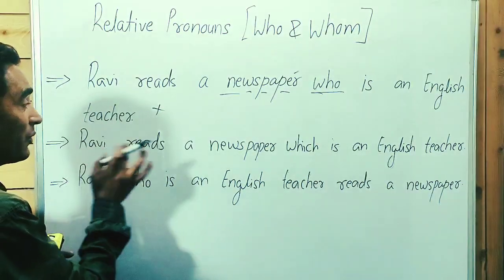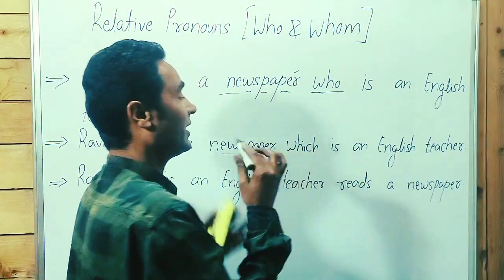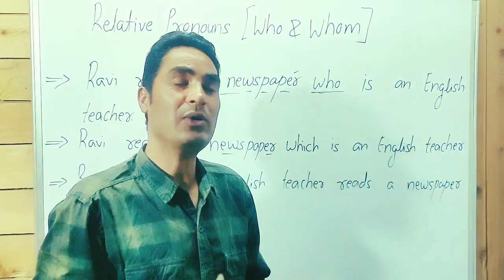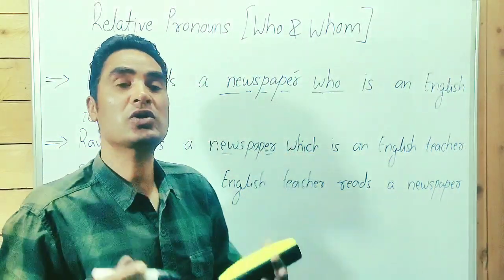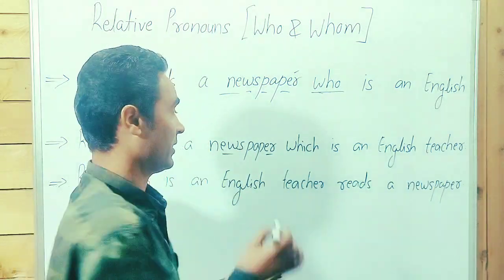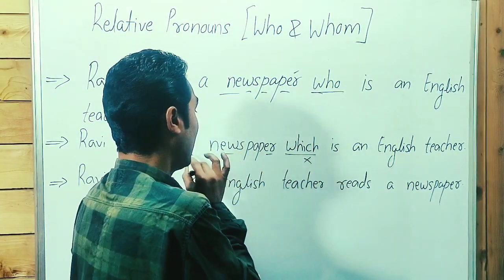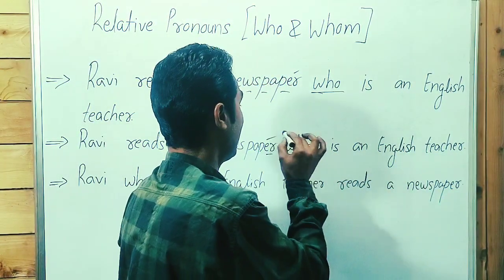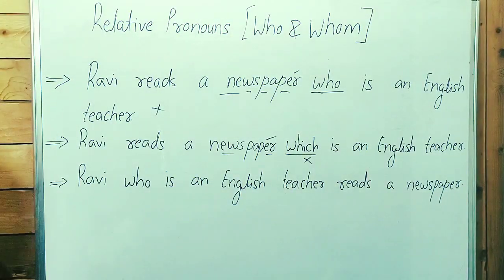So "Ravi reads a newspaper which is an English teacher": here we can't use "which," since it would mean the newspaper is an English teacher. That's why this is also an incorrect sentence.